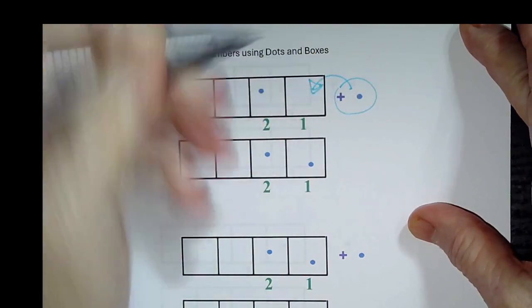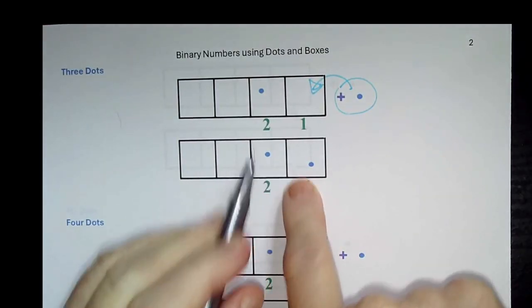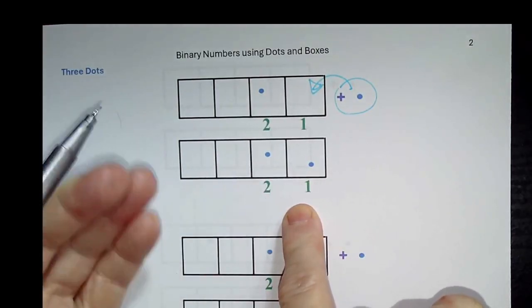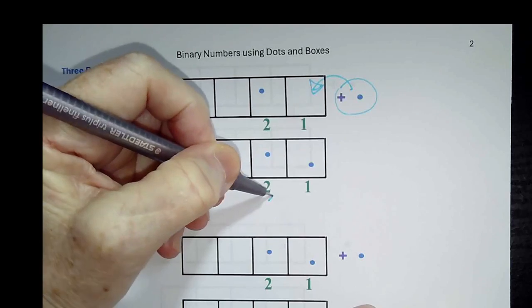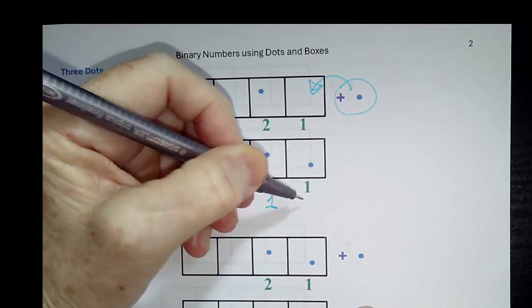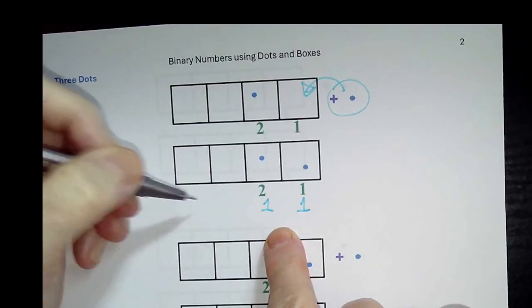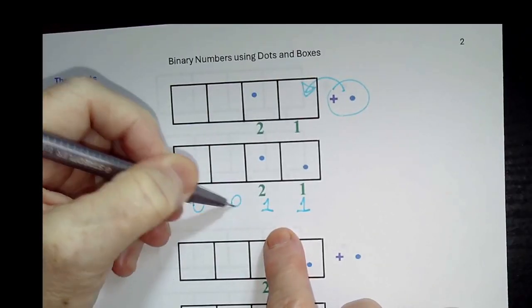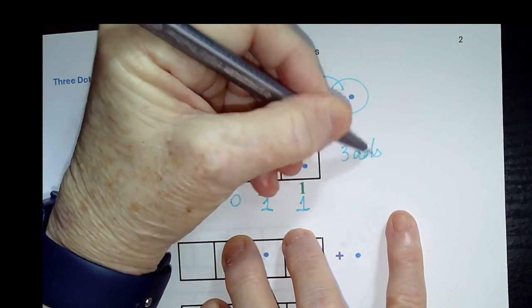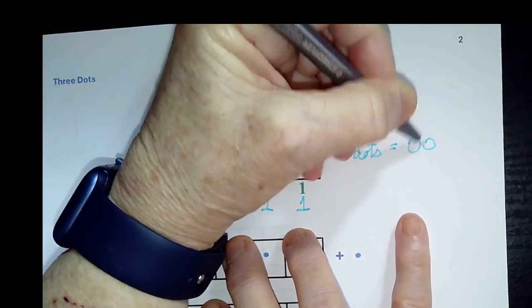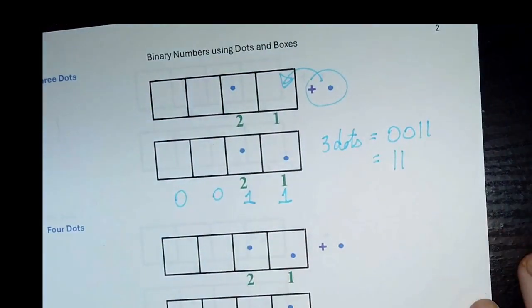And let's stick this new dot in the 1's place, and there we can see the representation of 3 dots is 1 dot in the 2's place, 1 dot in the 1's place, and if we want to think of this as having zeros in front, we can write 3 dots equals 0, 0, 1, 1, or just 1, 1.